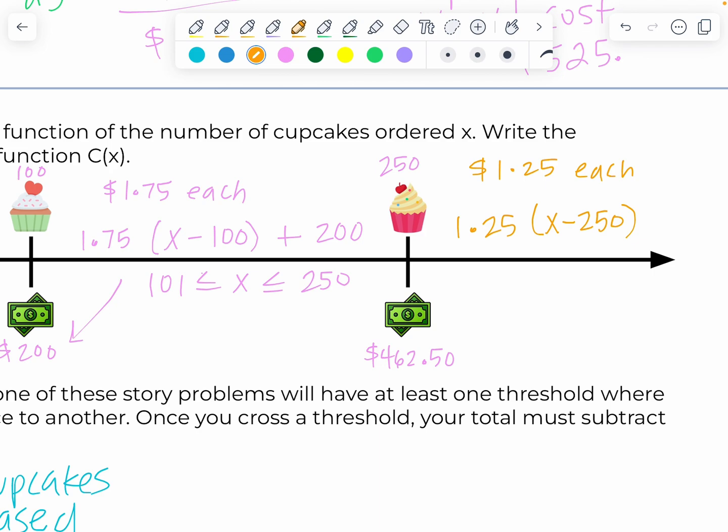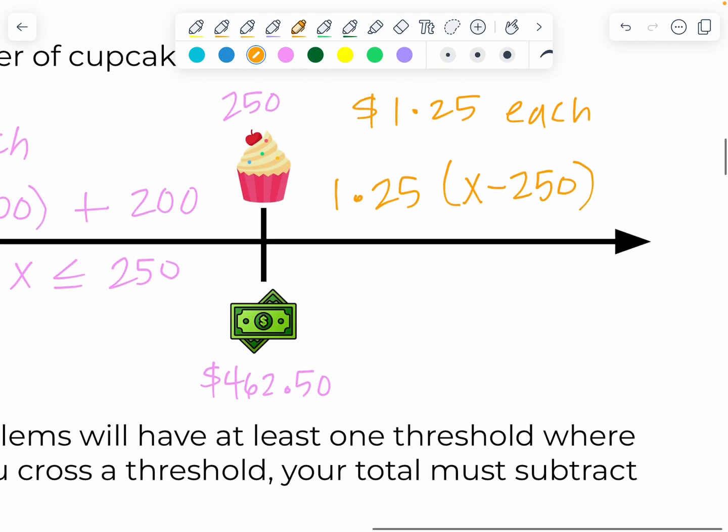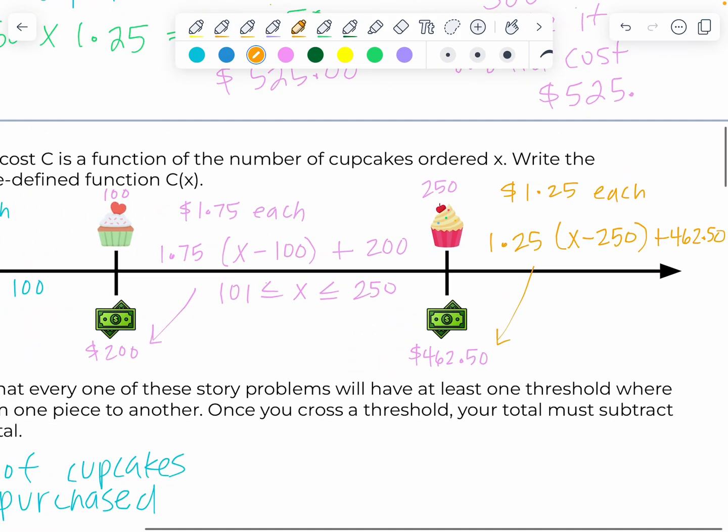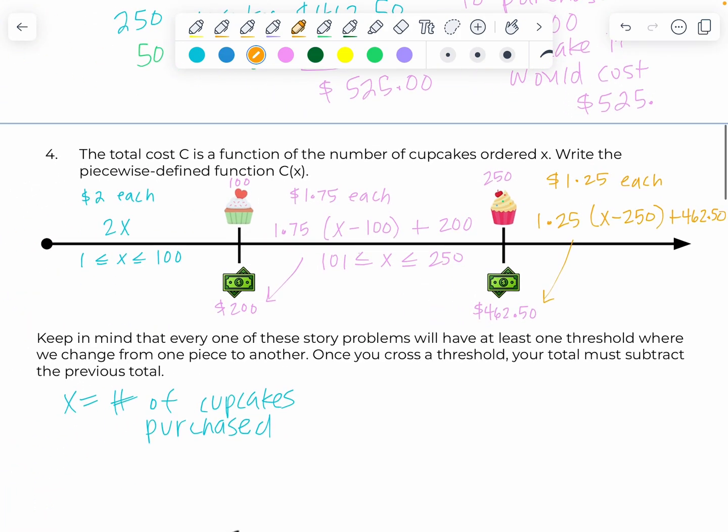Anything above 250 cupcakes that we're purchasing, we're going to multiply that by 1.25 to get the cost. And then down here, we would add the total of $462.50 coming from right here because we would need to account for those first 250 cupcakes, what we would have paid for them, and then add on anything additional above the 250. So like I said, we're going to simplify these equations.